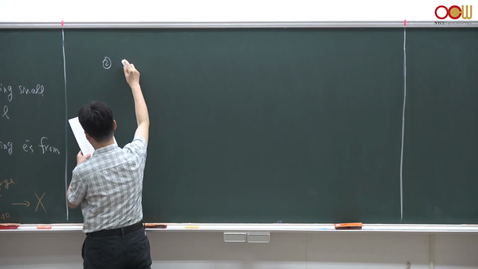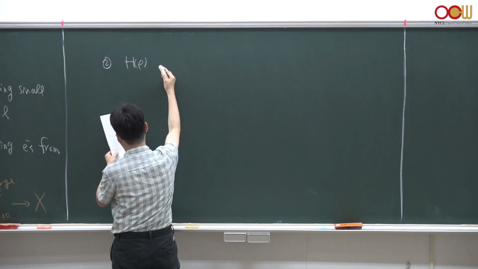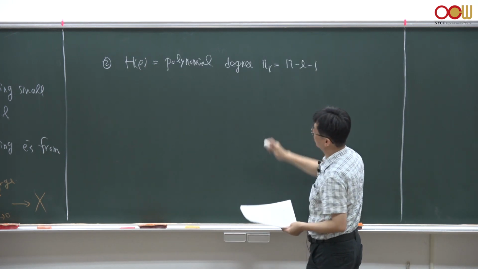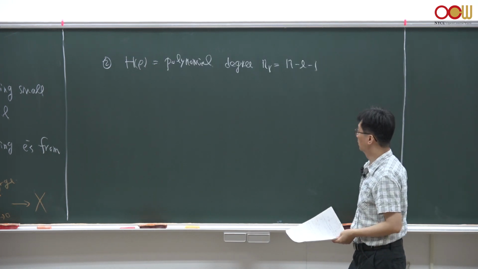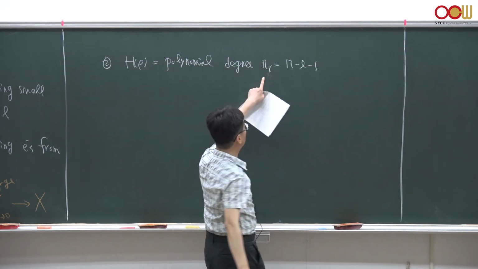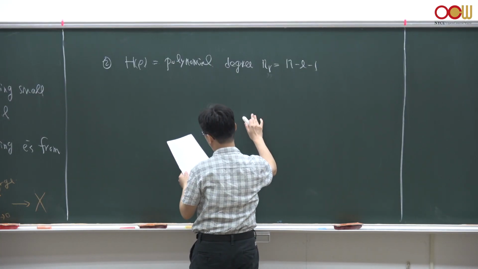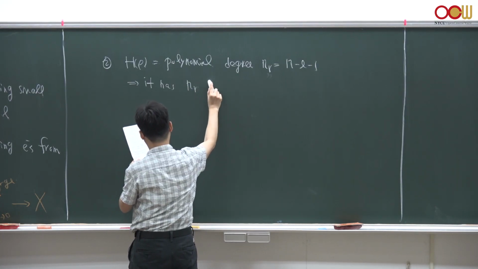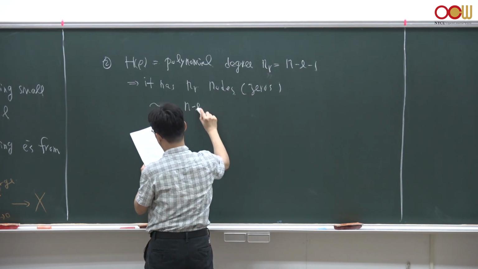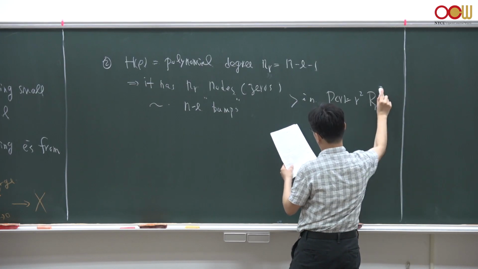The second property is the bumps or humps of this polynomial h function. In fact, you could show that this h polynomial is a polynomial of degree n_r, which is given by n minus l minus 1. So this tells you that there are n_r nodes, or zeros, or n minus l bumps in the probability distribution.